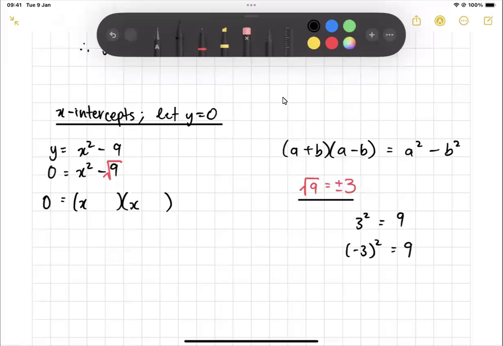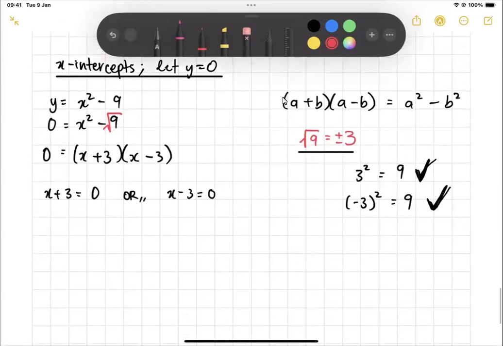So there's two possibilities. My factors are going to be (x plus 3), because of this option right here, and (x minus 3), because of this option right here. Once I've done that, I'm going to write down x plus 3 equals 0, or x minus 3 equals 0.